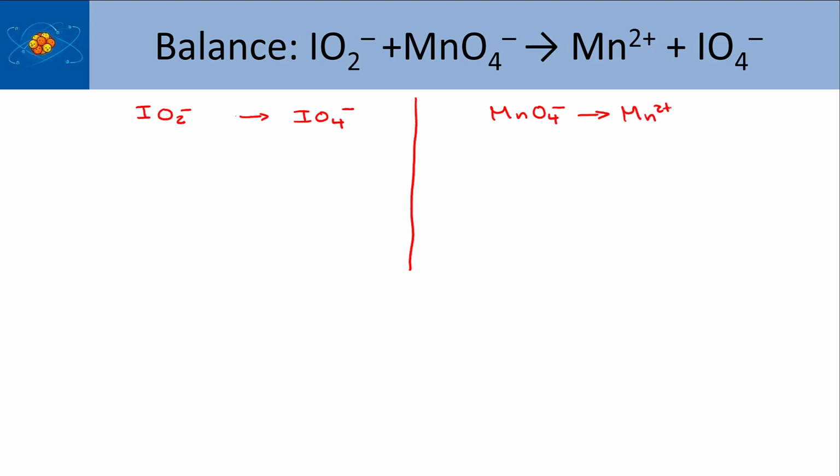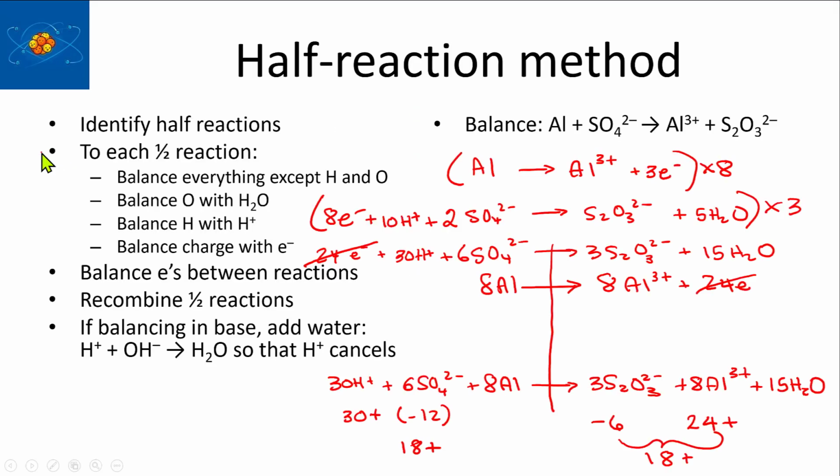Okay, so what I'm going to do is take a little bit more systematic approach and show you each step. Now, this is not necessarily the way you'll do it once you become practiced at it, but it is a good way to start. These are going to be the half reaction steps along the left-hand side over here. And I'm going to number these as 1, 2, 3, 4.